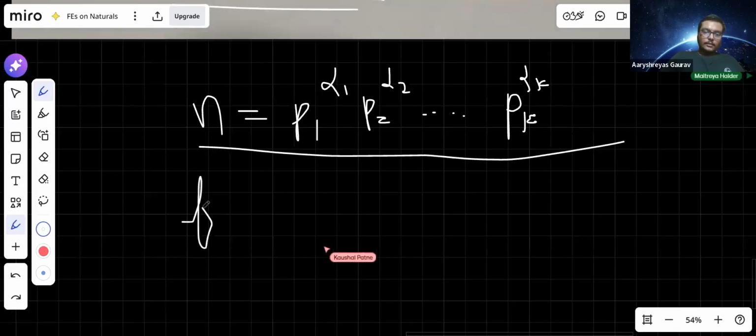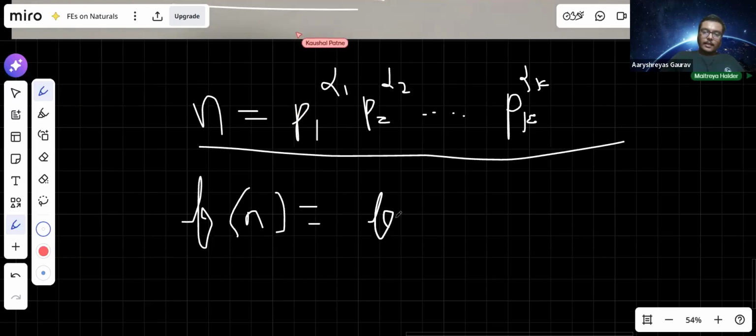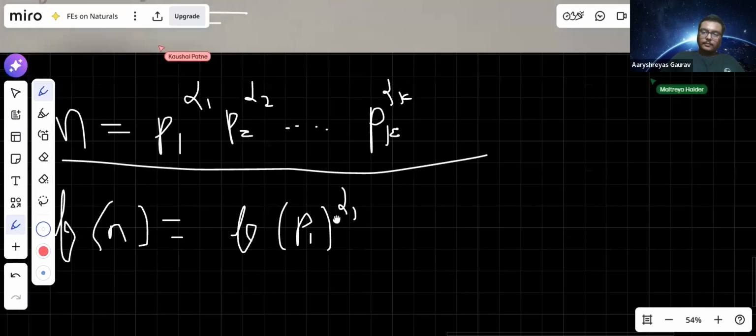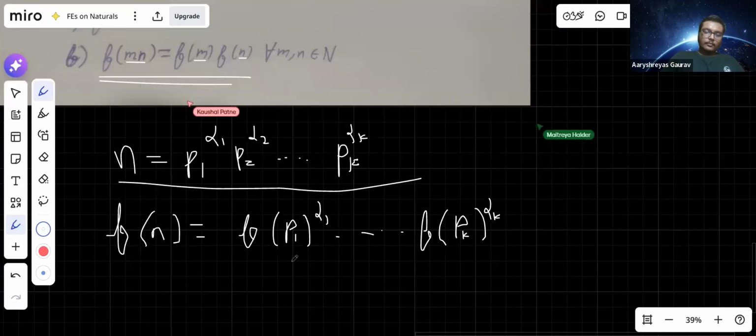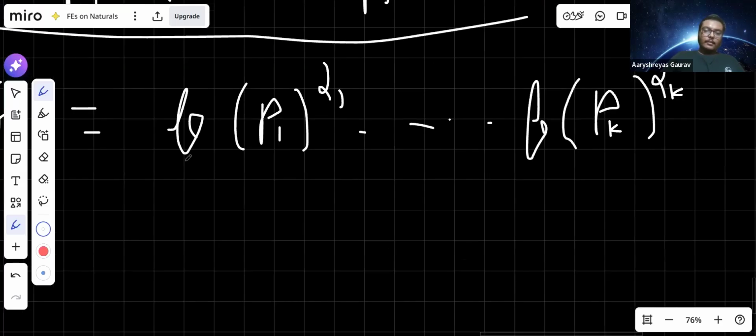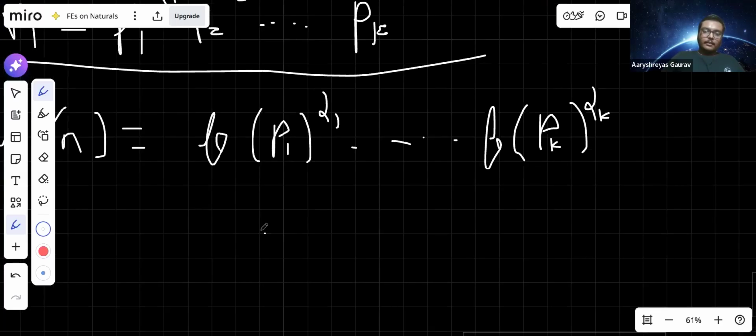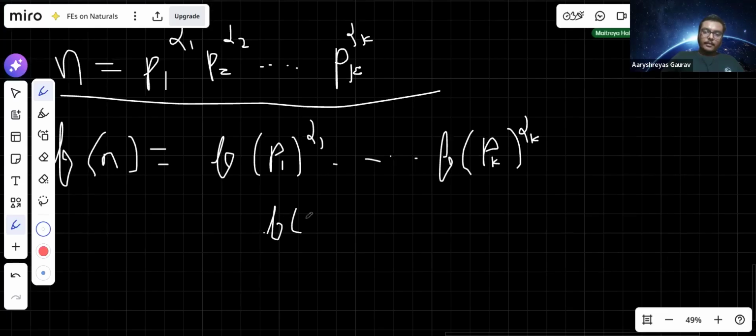So all we have to do is f of n is f of p1 to the power alpha 1 and so on, f of pk to the power alpha k. Now, if you look closely, we can map any prime to any other prime q.